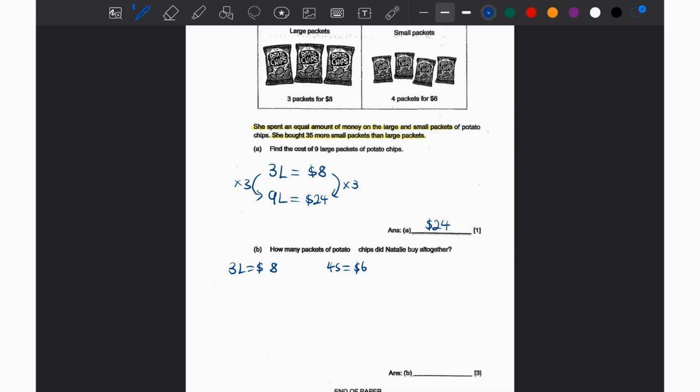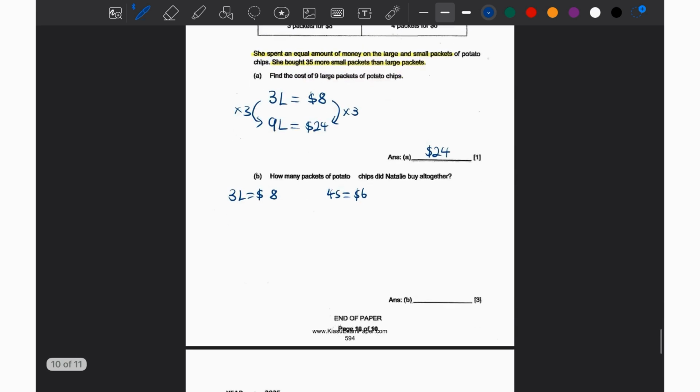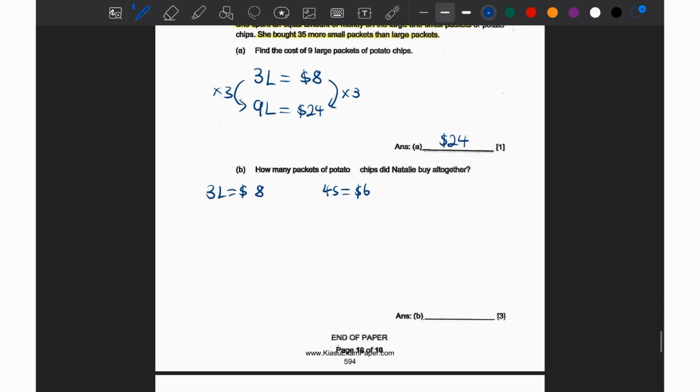Okay, since we know we spent an equal amount of money, how do we make these two equal to each other? So first, we have to find the LCM between 8 and 6, which is 24. So we have to make $8 into $24 by multiplying by 3.